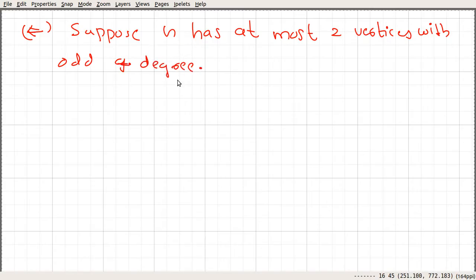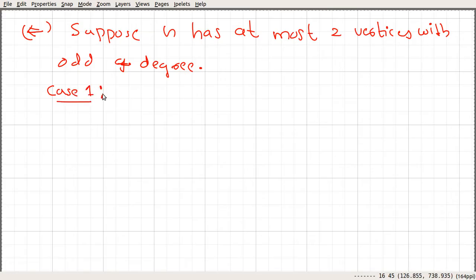We consider 2 cases: no vertices have odd degree, and exactly 2 vertices have odd degree. As I said, there won't be the other case of exactly one vertex of odd degree, since such a graph doesn't exist by the handshaking lemma.